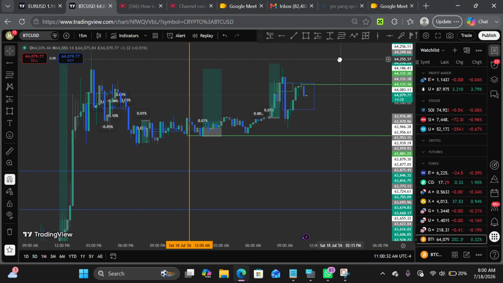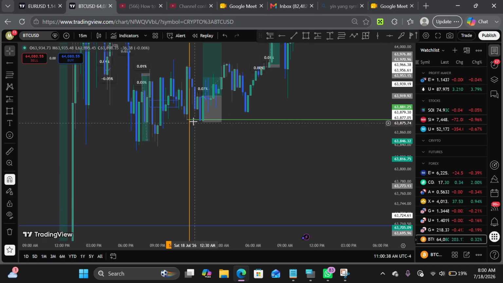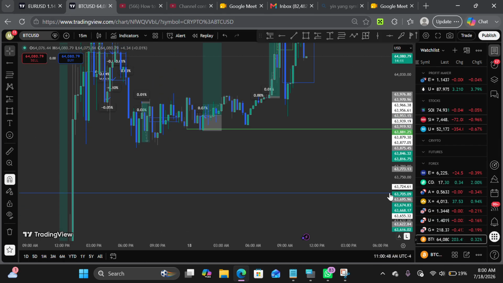As we can see here, going on Saturday, I identify a point where liquidity can be swept in the opposite direction before going to the intended direction.